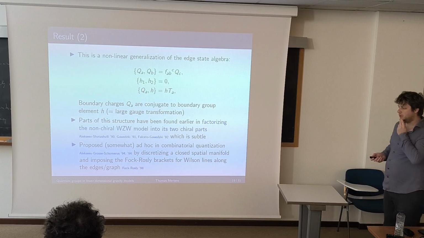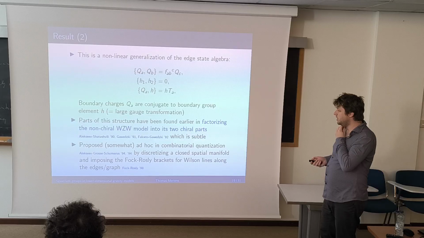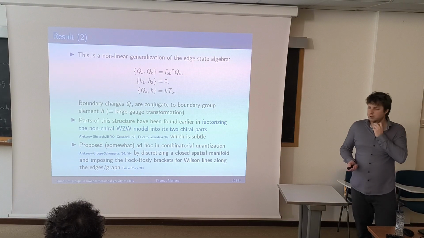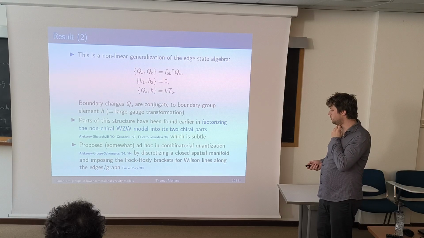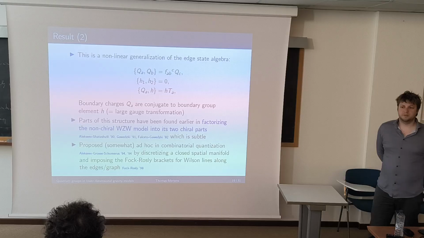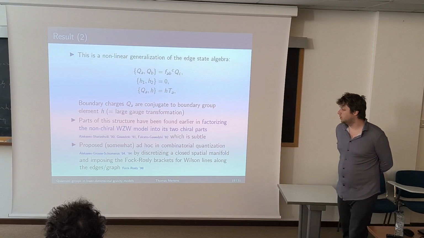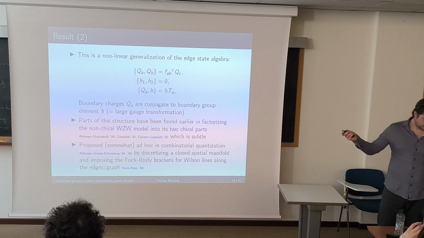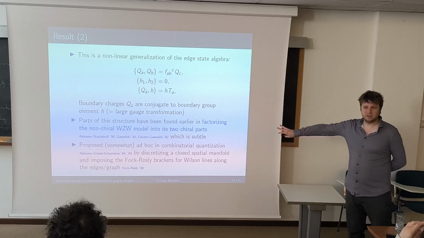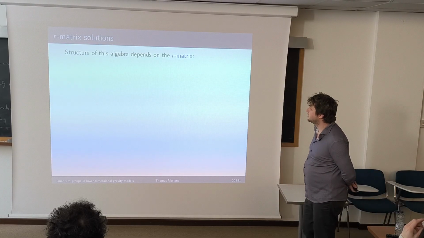And this algebra has also been proposed in the past, perhaps somewhat ad hoc in my opinion, in what is called combinatorial quantization of Chern-Simons theory, where people consider discretizing a closed spatial manifold, and then imposed these brackets that are called Fock-Rosly brackets for Wilson lines along the edges of this discretized spatial manifold. So, well, there is literature here that explores various aspects of this. That's what I wanted to say here.